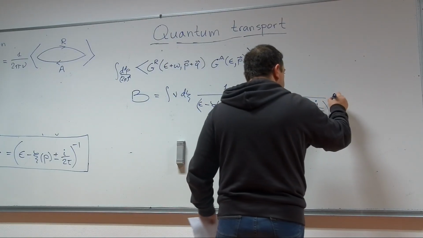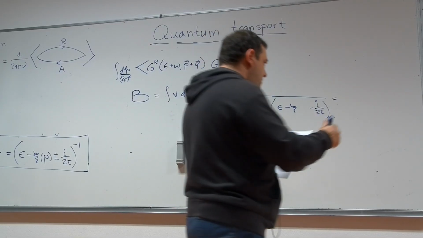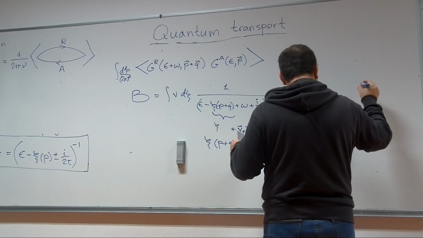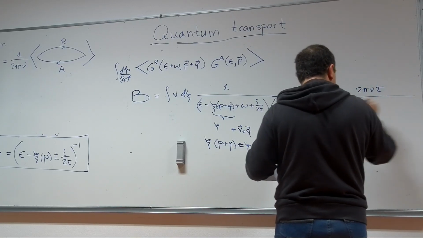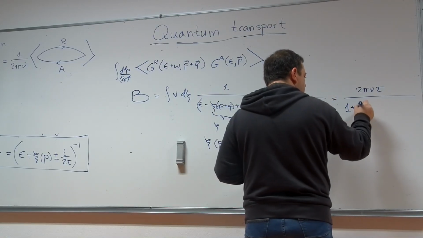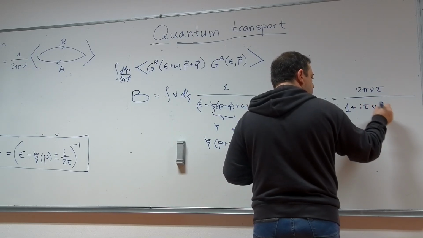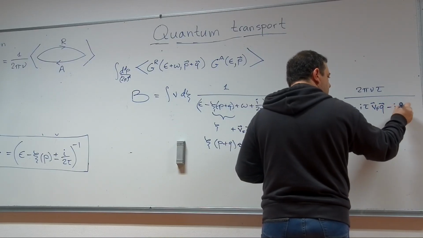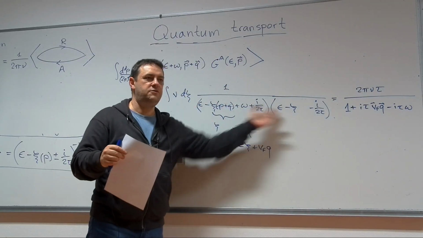And actually, it looks like 2 pi nu tau divided by 1 plus i tau V Fermi Q minus i tau omega.